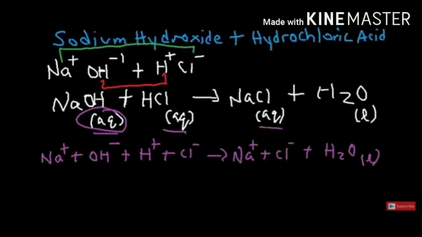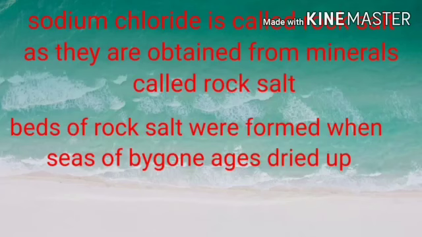Hydroxide, OH, is negatively charged. Hydrogen in HCl is positively charged and chlorine is negatively charged. Na positive combines with Cl negative to form sodium chloride, a neutral salt.